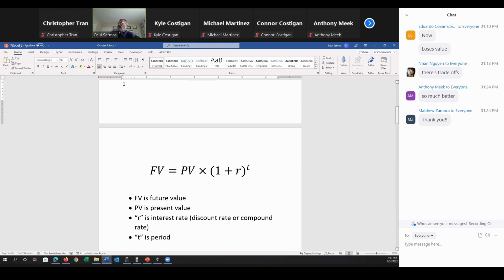If you look at this formula, it has 4 variables: present value, future value, interest rate, period. 4 variables.